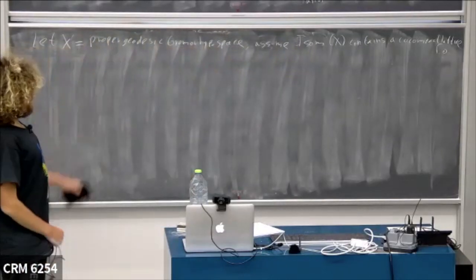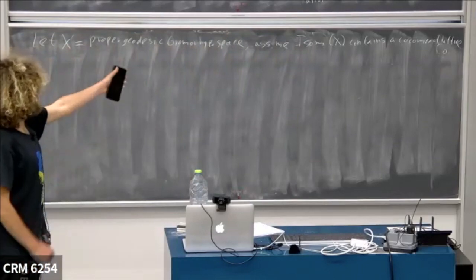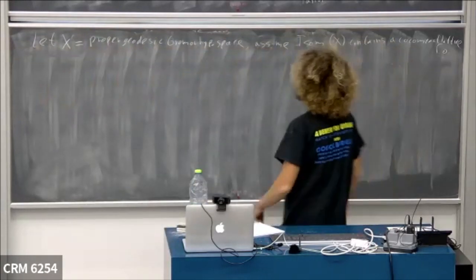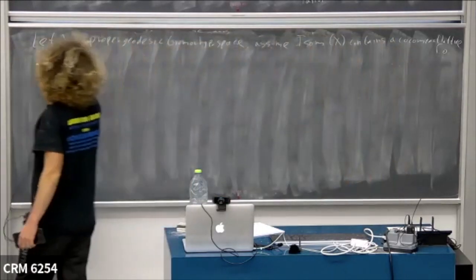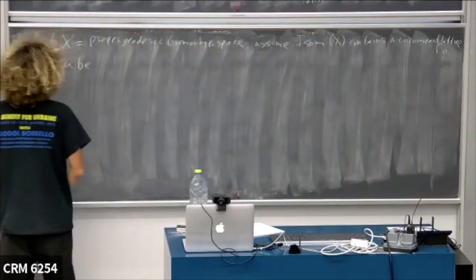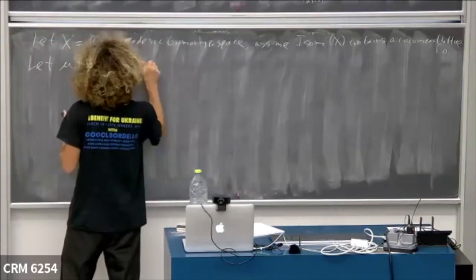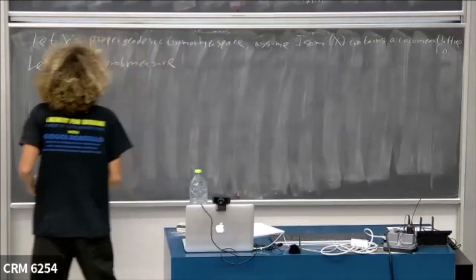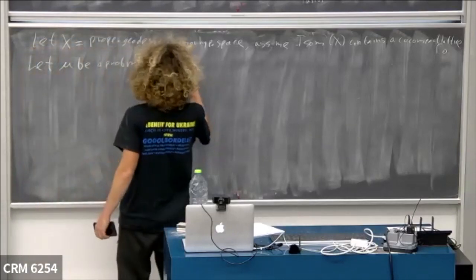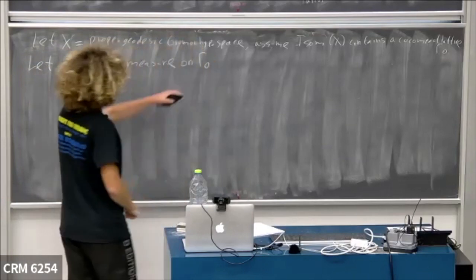So maybe the whole isometry group itself is a co-compact lattice, maybe the isometry group is a Lie group which contains co-compact lattices, but in any case, let mu be a probability measure on this lattice gamma 0.